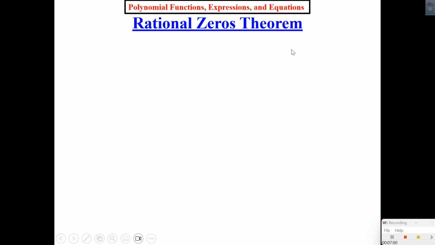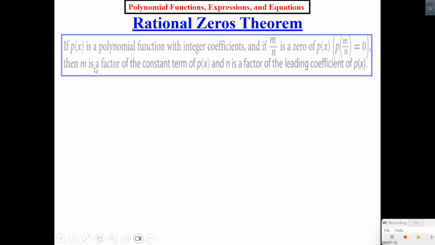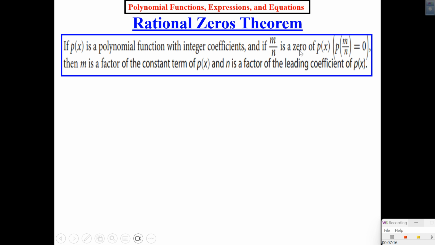All right. And then look up to the screen. Let me pause the tunes really quick. Look up. Before we went to break, we talked about the rational zeros theorem. Is that correct? And it looks something like this. And I asked you guys not to copy it, and I said, let me give you what it means.